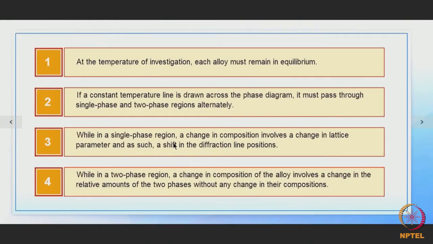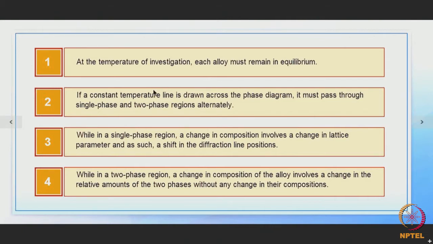And we must remember these 4 points when we deal with a phase diagram. At the temperature of investigation, each alloy must remain in equilibrium. That is the reason why phase diagrams are also known as equilibrium diagrams.